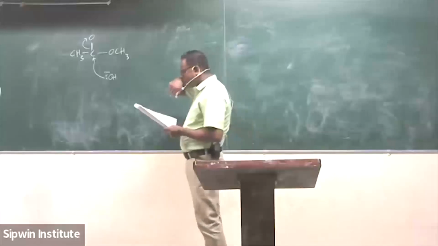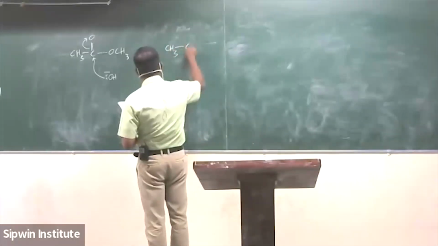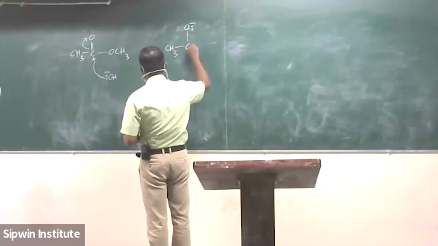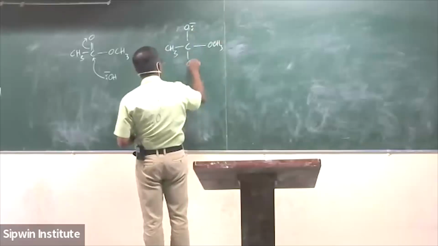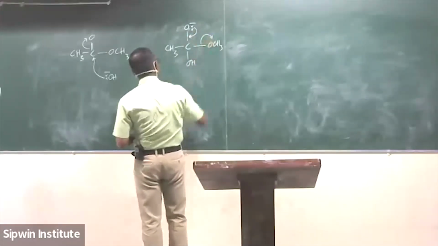With this one we can have the tetrahedral intermediate. CH3CO minus, OCH3, OH. Next, this one here, this one to the outside.